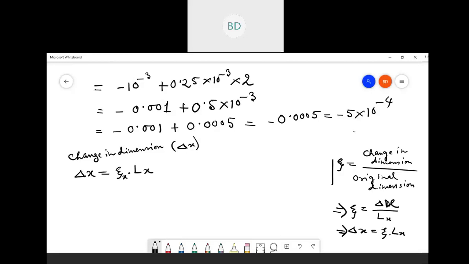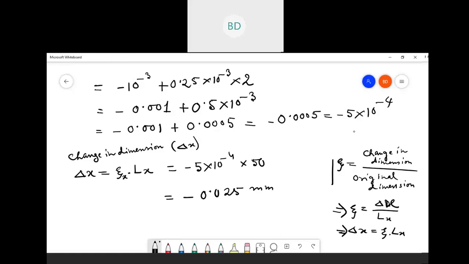I hope you understood. So 5 into 10 to the power minus 4, that epsilon value, into the original length of the cube, which was given as 50 mm, you will get 0.025 millimeter.